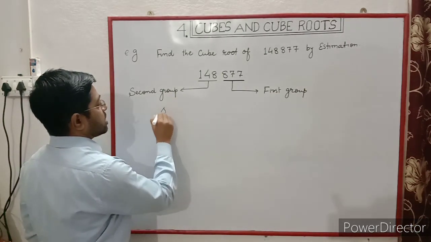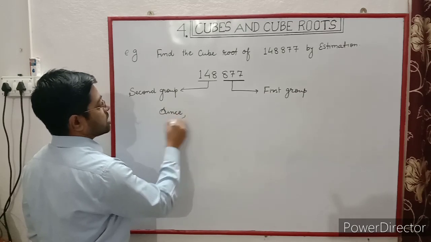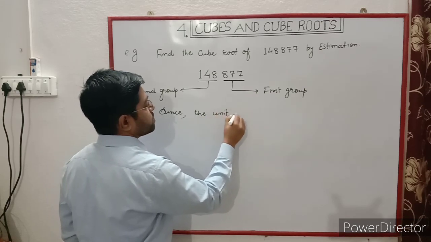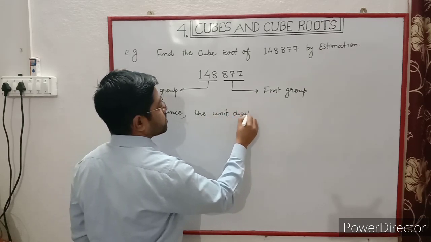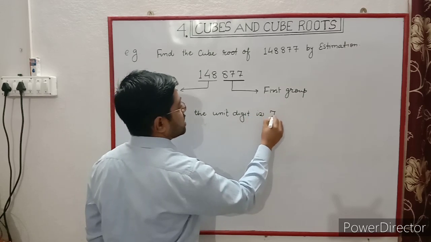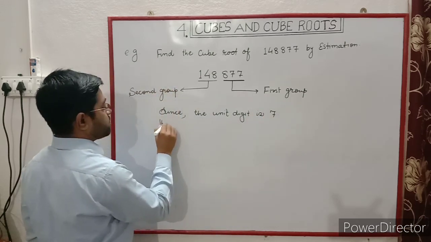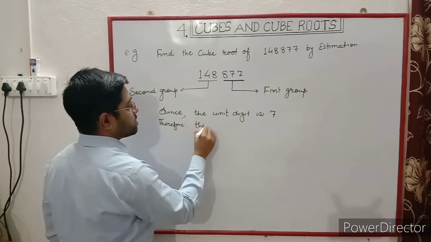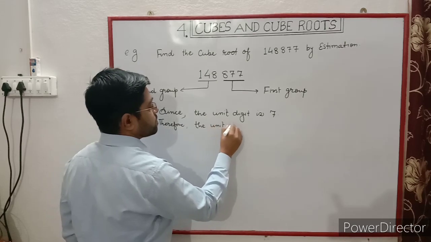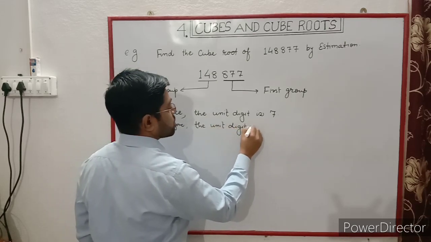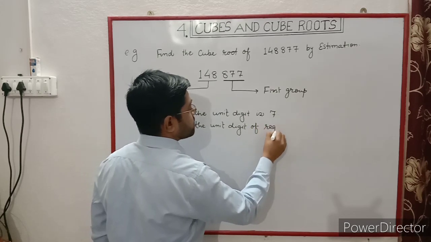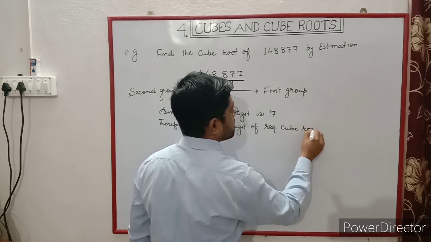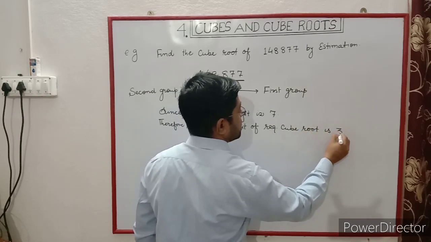So, since the unit digit is 7, therefore, the unit digit of required cube root is 3.